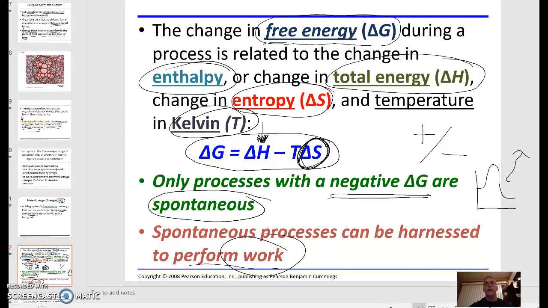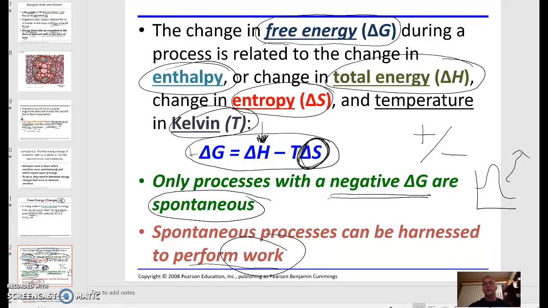Entropy is disorder. So if we end up with more order, then this value ends up being a positive value, and our delta G becomes positive.